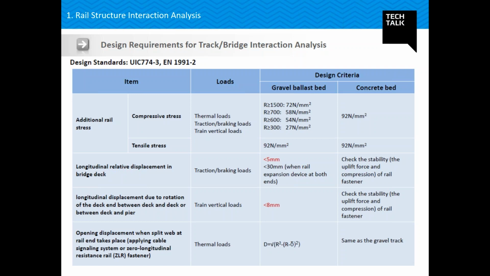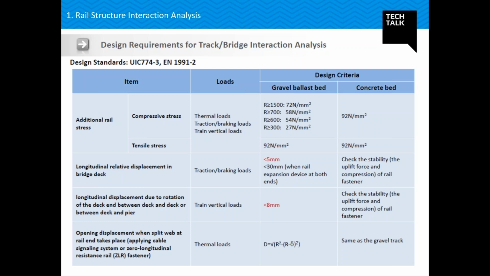These are the two things which the IRS code specifies us to check. For the rest of the checks, it refers to the UIC 774 Part 3 guidelines. UIC guidelines are universally accepted for rail structure interaction, so we will also be doing it as per UIC 774.